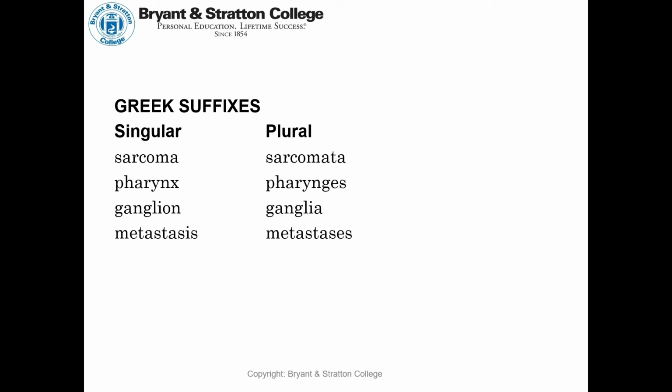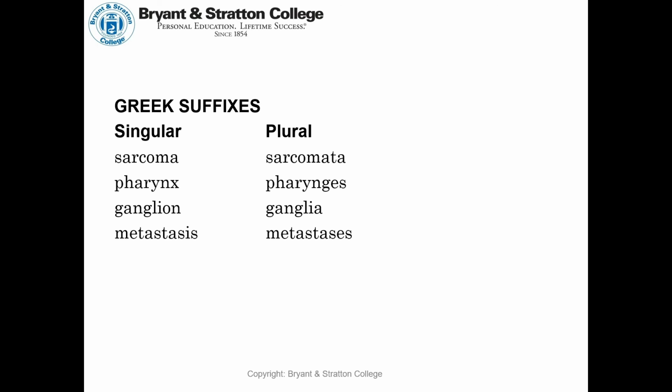So onto the Greek suffixes. Again, the same idea applies here. Metastasis, you'll see that if there are multiple cancers that have spread. Ganglion versus ganglia. A ganglion is like a bundle of nerves, and they serve different purposes throughout the body and are incredibly important.